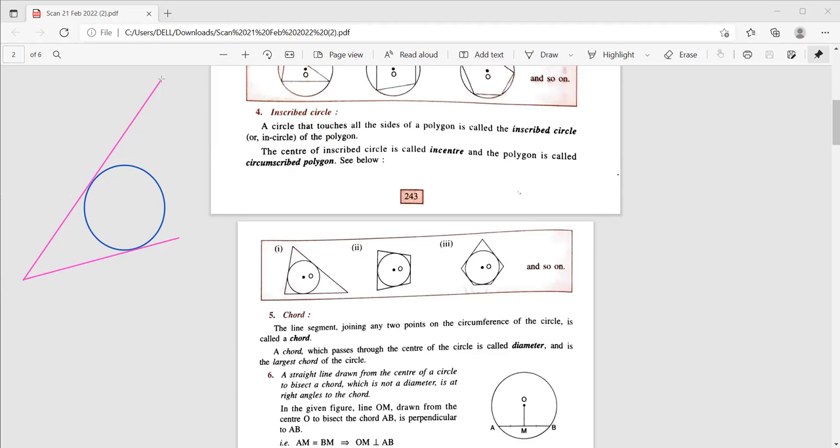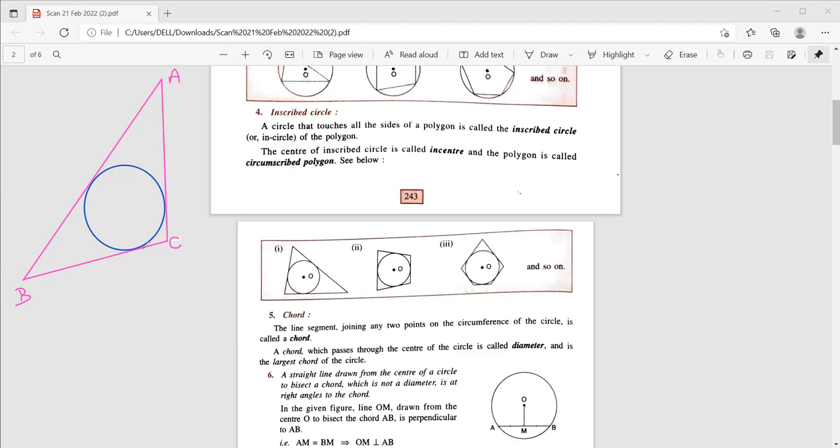See. Now what will you say? You will say that this circle is an inscribed circle. If I name this triangle ABC, then you can check that the circle is touching all the sides of the triangle.